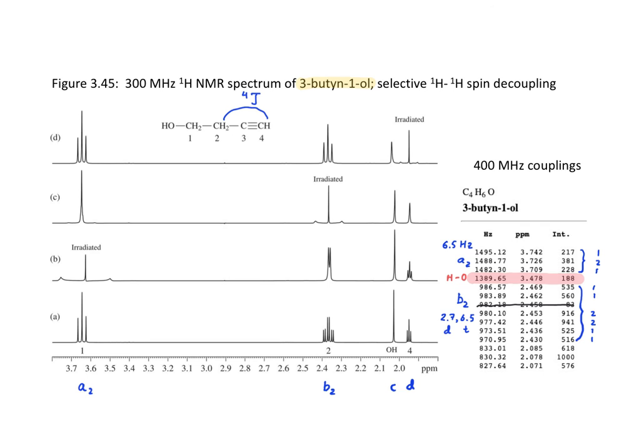Finally, we see a triplet. The chemical shift is slightly different, but you can clearly see the 1:2:1 relative integration, and the coupling constants for D are on the order of 2.7 hertz. And this again is consistent with a 4-bond coupling constant.